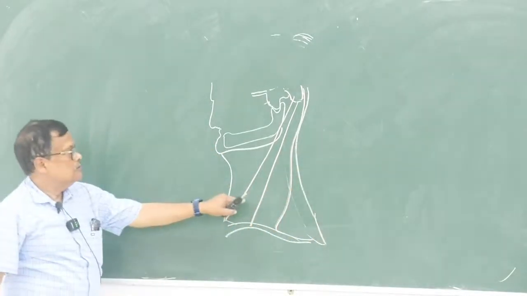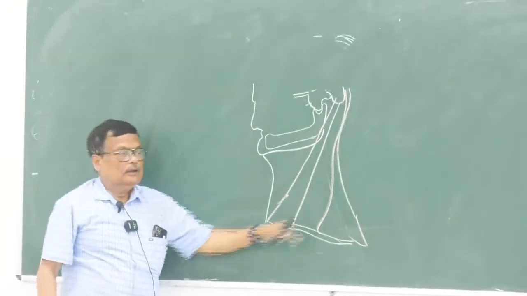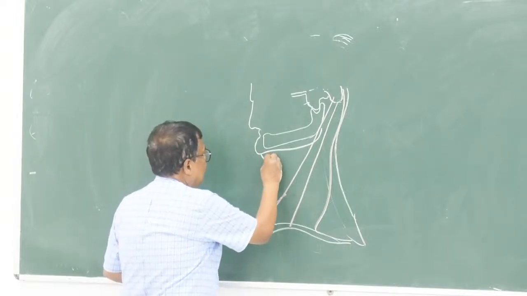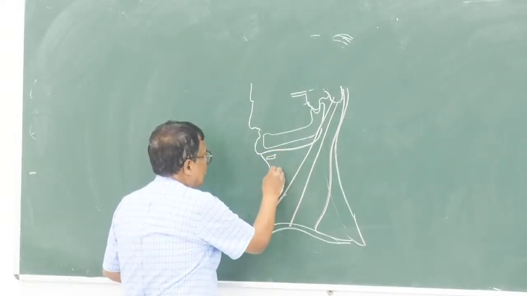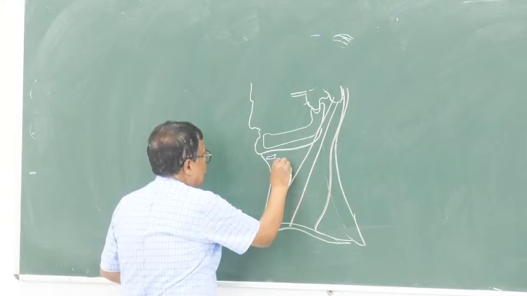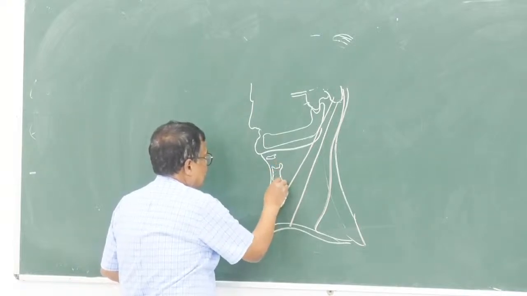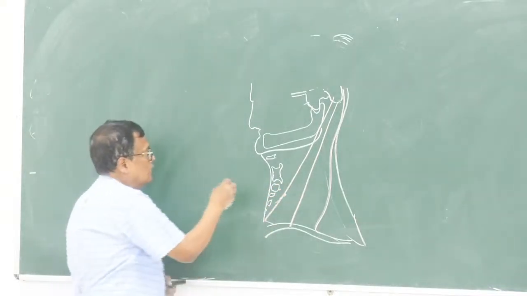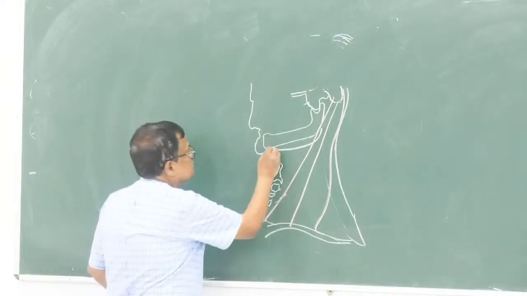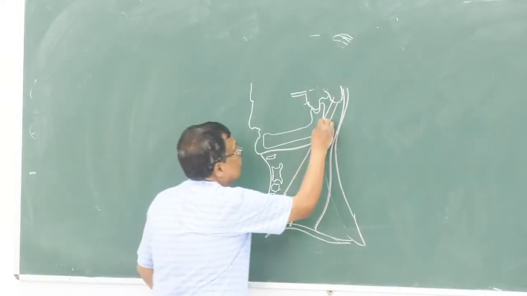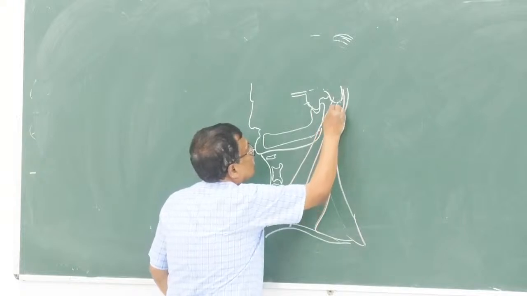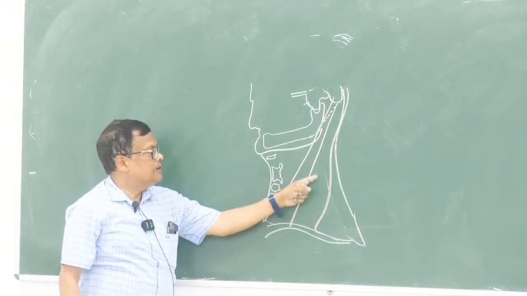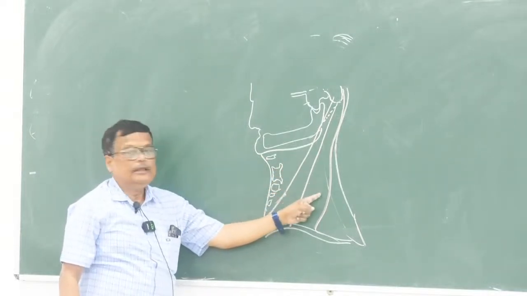There are two muscles, sternocleidomastoid and trapezius. We divide the triangle into an anterior triangle and a posterior triangle.